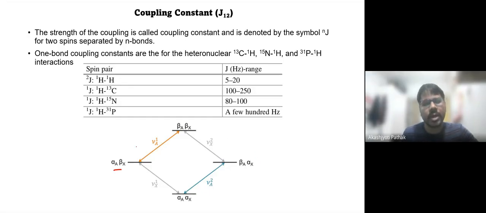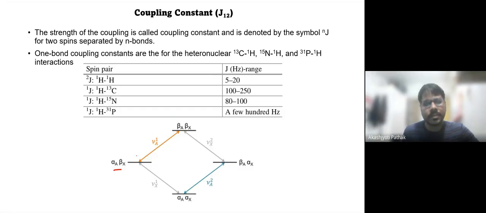Now if you apply the frequency specific to nuclei A, the A nuclei will transition from the alpha state to the beta state. This is given as nu A. Now if you excite the X nuclei by applying the frequency nu X, the X nuclei which were in the alpha state now transition to the beta state. So that is nu X.